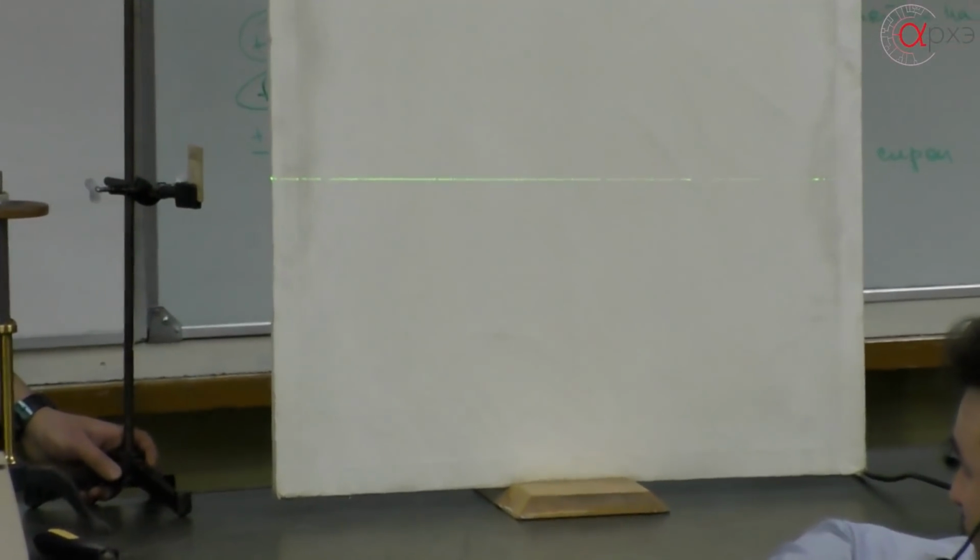And now let's move in a diffraction grating, and you see that this straight line is now broken into components, into several beams. They're all still red because there's only one component. A laser produces light of only one fixed color. So this is green, and therefore all these beams are green.